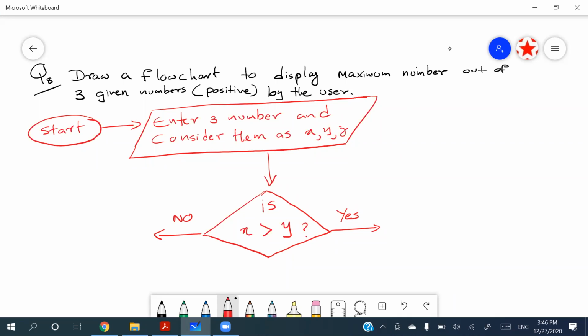So let's think about one direction first, the yes direction. X larger than Y means X is bigger and Y is smaller, right? Since we know X is the larger one out of X and Y, we can check, is X larger than Z?